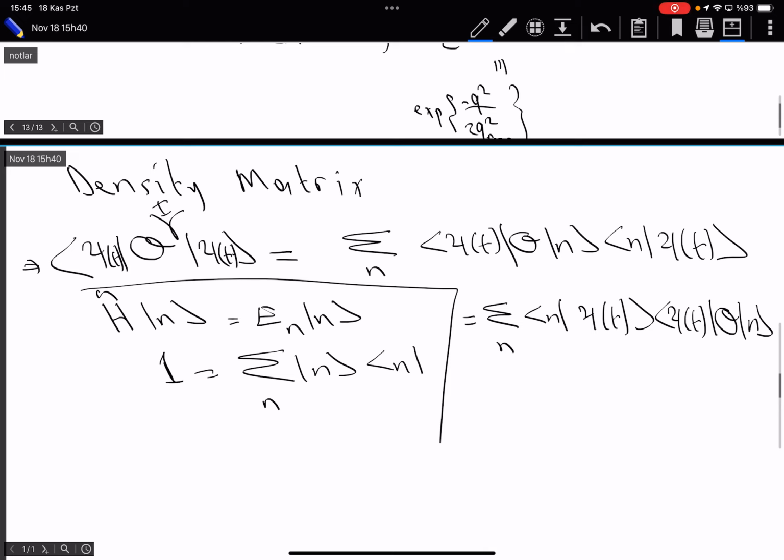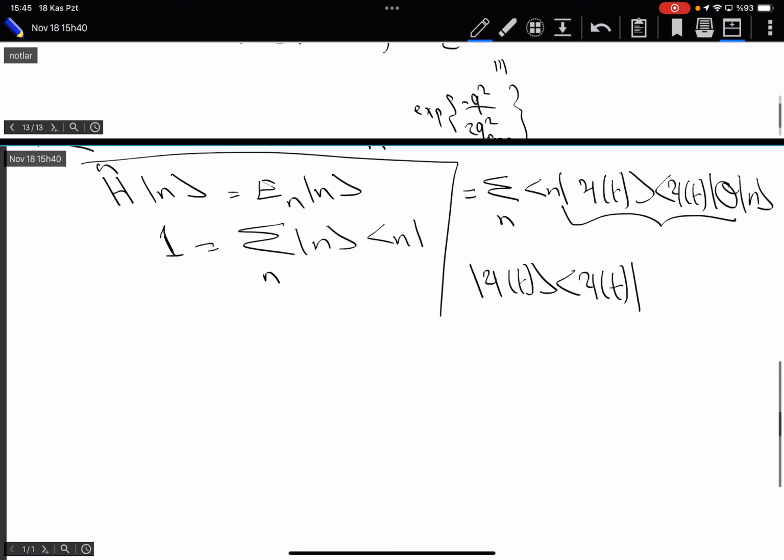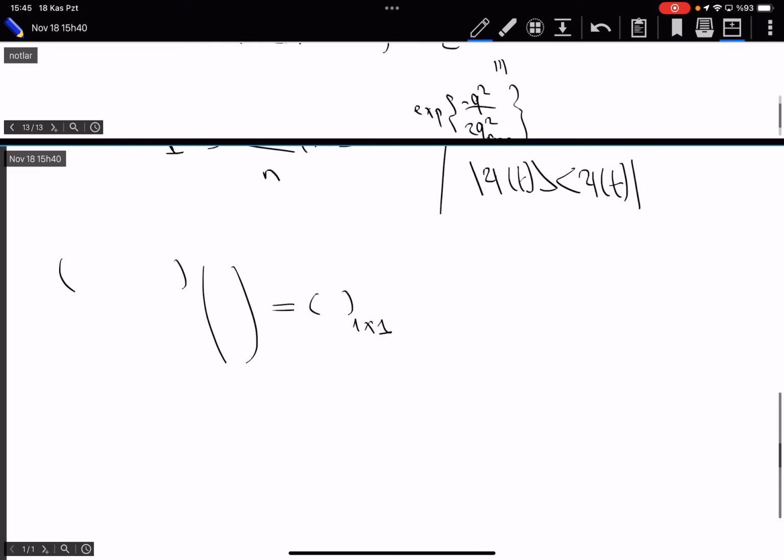So this object over here is actually a matrix. If you have a row matrix and a column matrix, and you multiply them in this form, this is just a number. But you can also multiply those two in this form. This will be an n by n matrix.